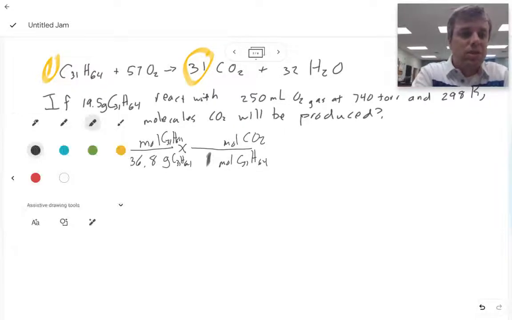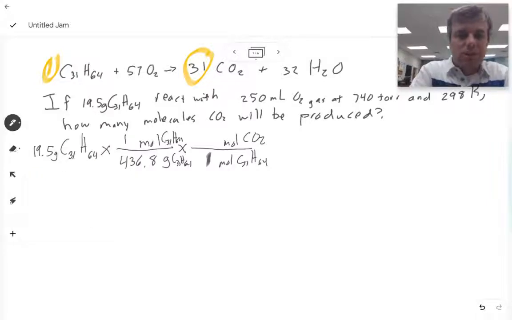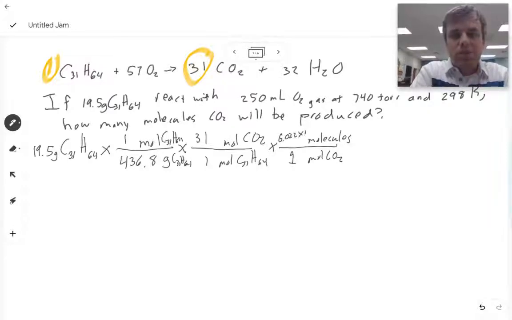Let me switch back to the pen mode. 1 and 31. And then our last step is to take our moles of CO2 and turn them into molecules. And that's where we use Avogadro's number, that 1 mole is 6.022 times 10 to the 23rd molecules.